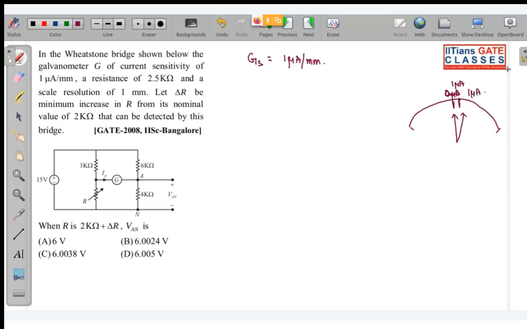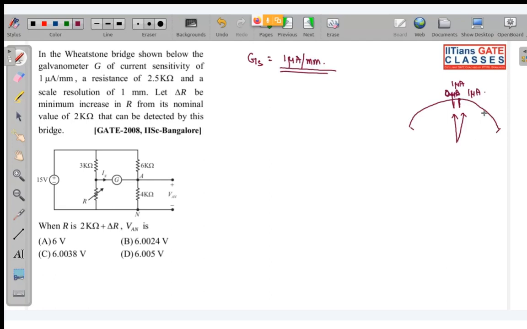A resistance of 2.5 kilo ohm and a scale resolution of 1 mm. So obviously, if the sensitivity given is 1 microampere per mm, the resolution of the scale is 1 millimeter.